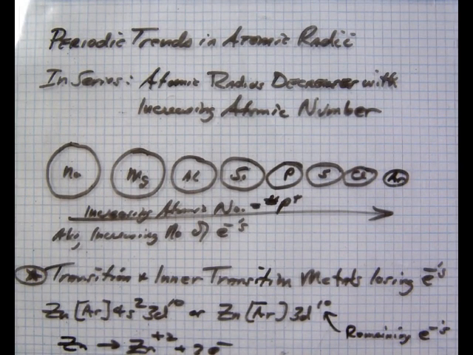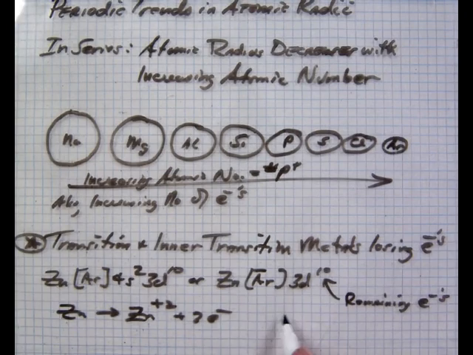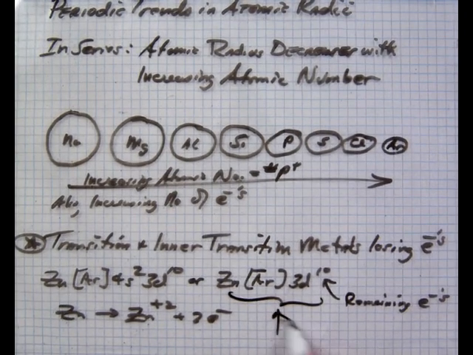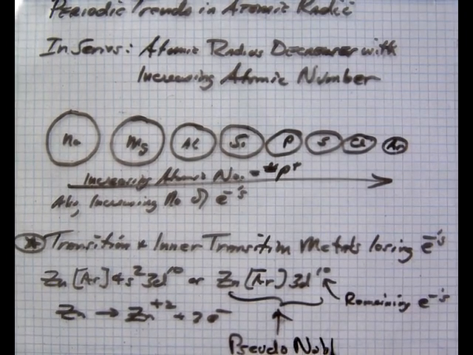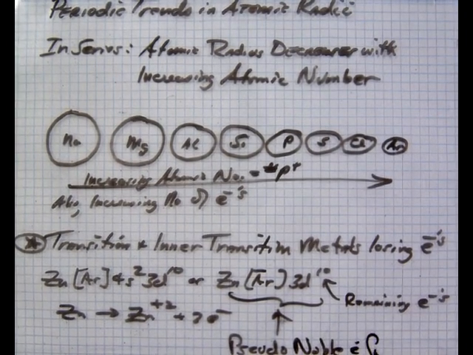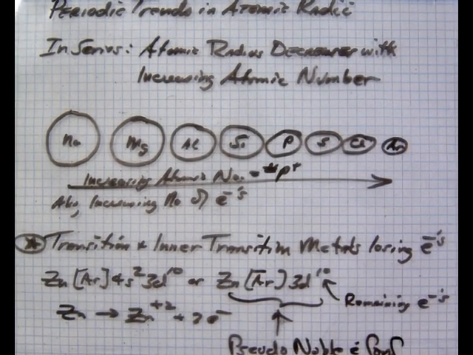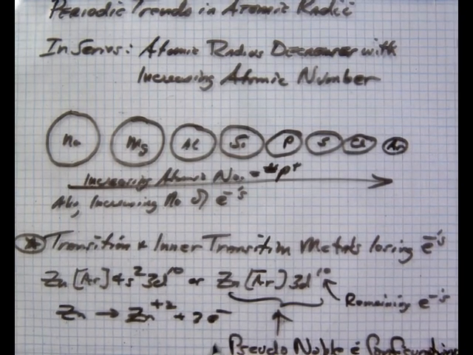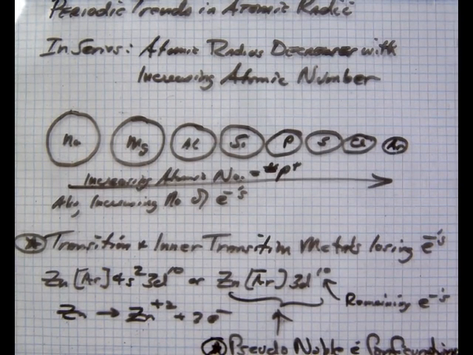When the transitions and intertransitions do this, and it's common, those are referred to as pseudo-noble configurations. So that's more of a, well, this is how that works, and that's it. Okay, we won't see very much of that beyond this.